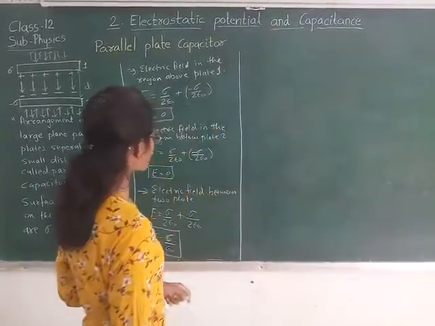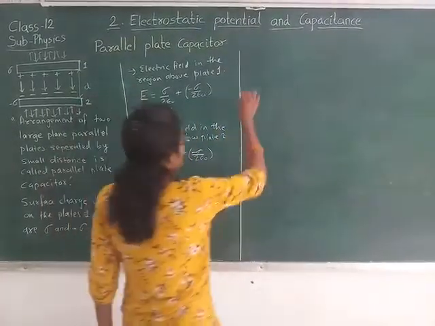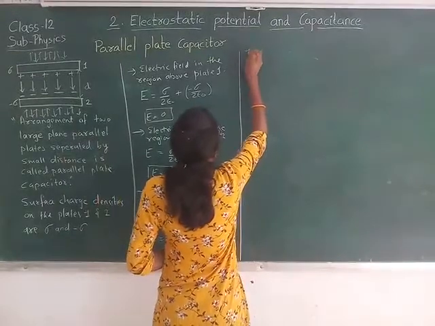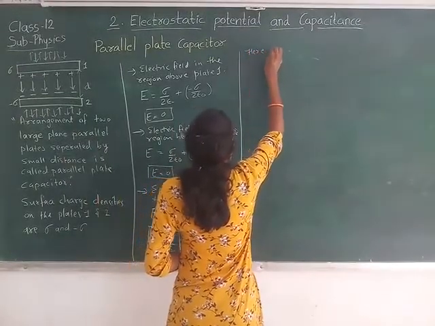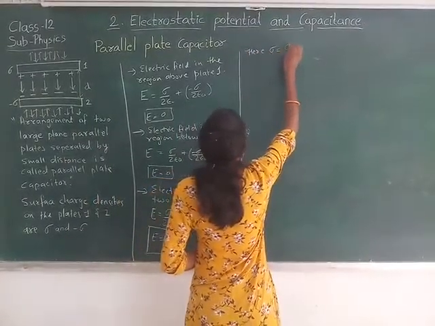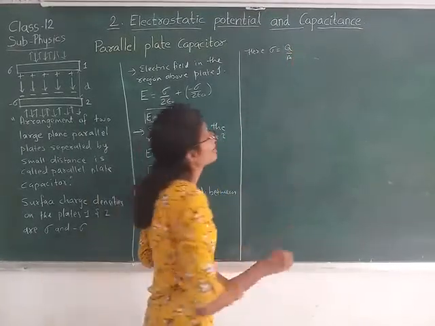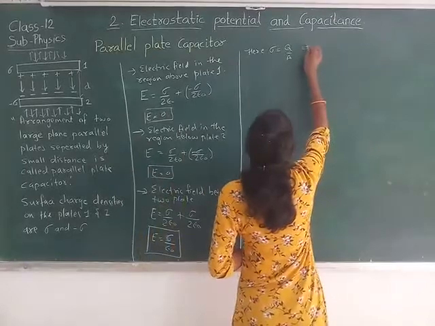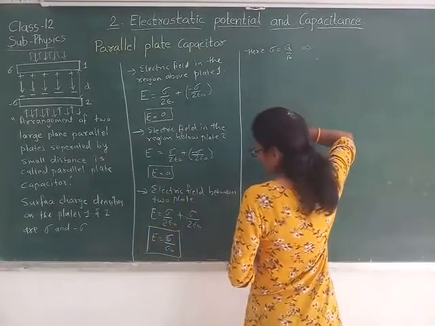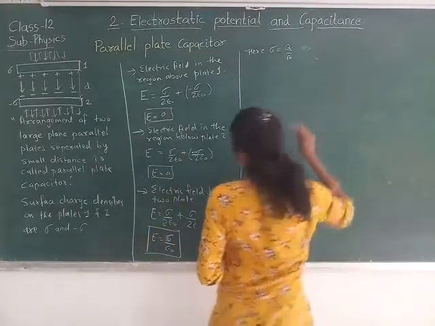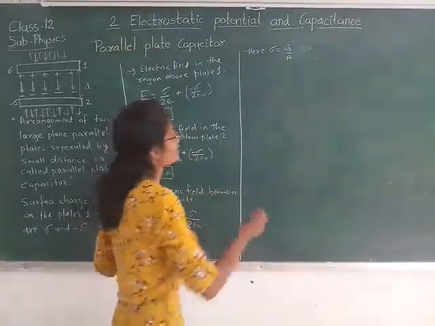Now here, sigma, that is what? That is surface charge density. Here, sigma equals surface charge density, which is equal to Q by A. Right? So from this we can use this equation over here.